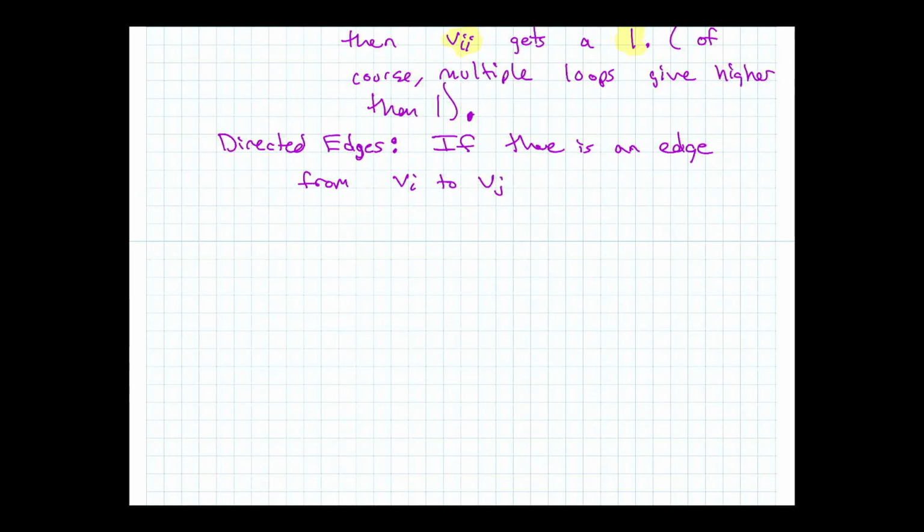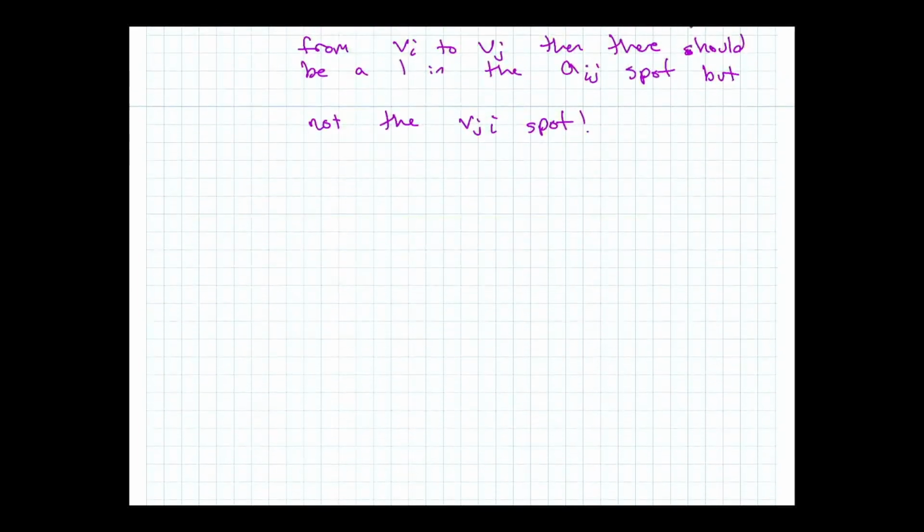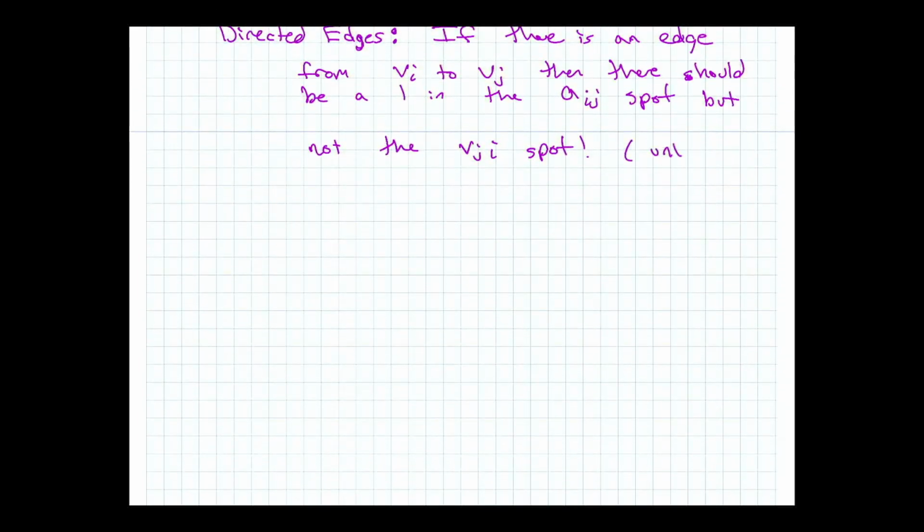Then there should be a 1 in the aij spot, right? But not the vji spot, unless of course vj to vi is also an edge.